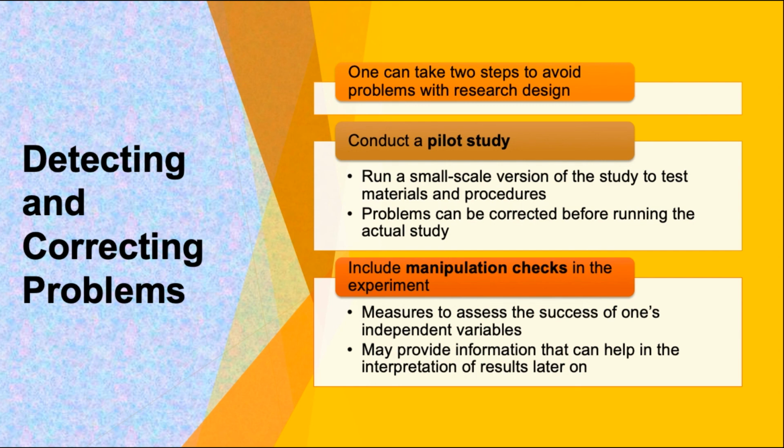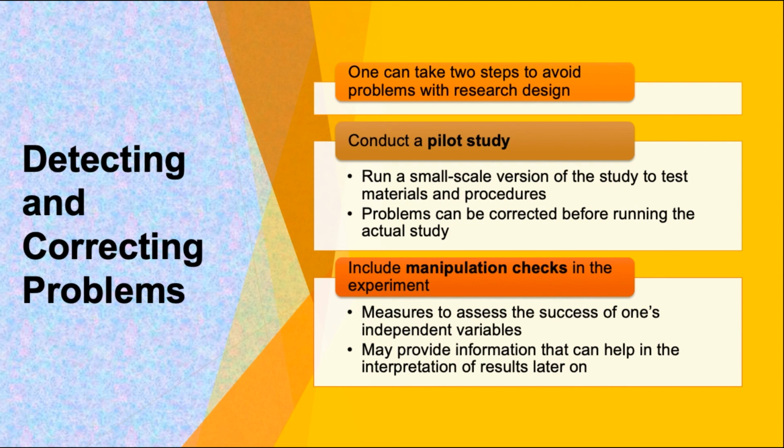This could be done by attaching a photograph of the attractive or unattractive person to an author profile accompanying the essay. So, as a manipulation check, you could have participants rate the attractiveness of the author on a rating scale.